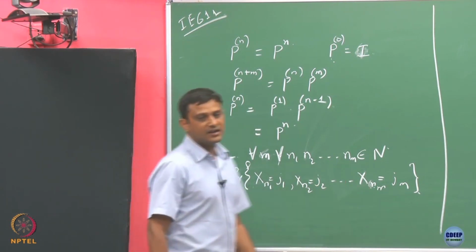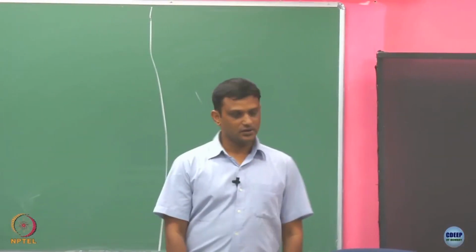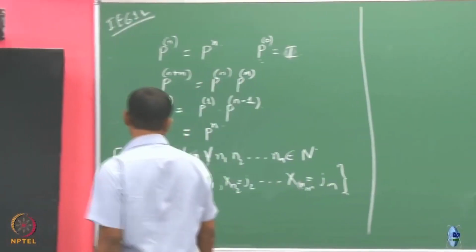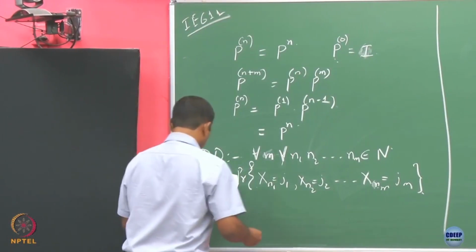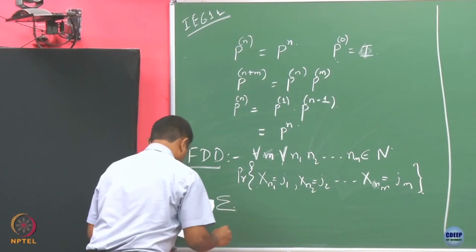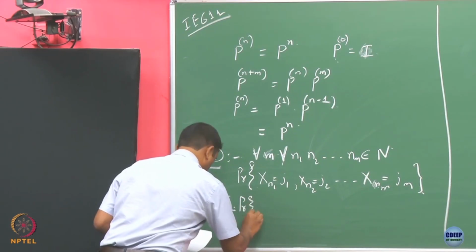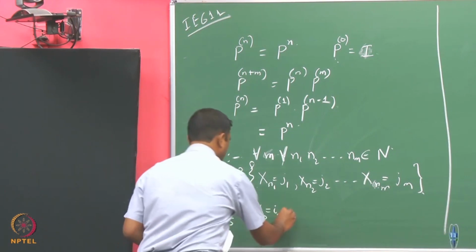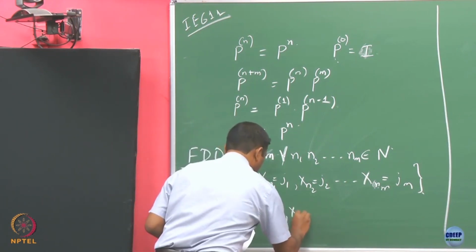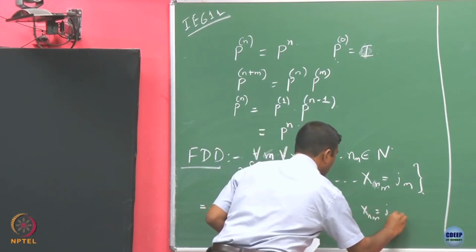Now let us see what governs this finite dimensional distribution in the case of a Markov chain. What I could do is introduce the initial state and keep everything else.